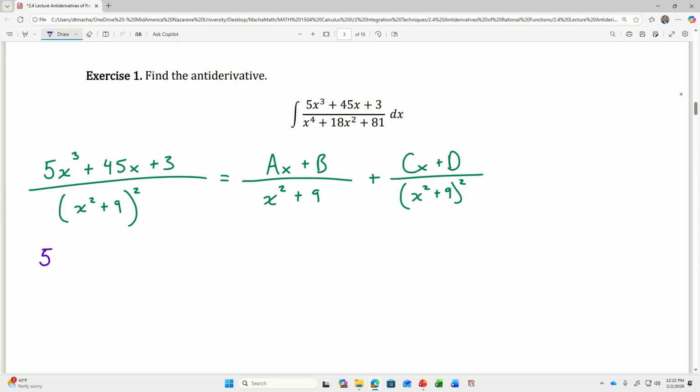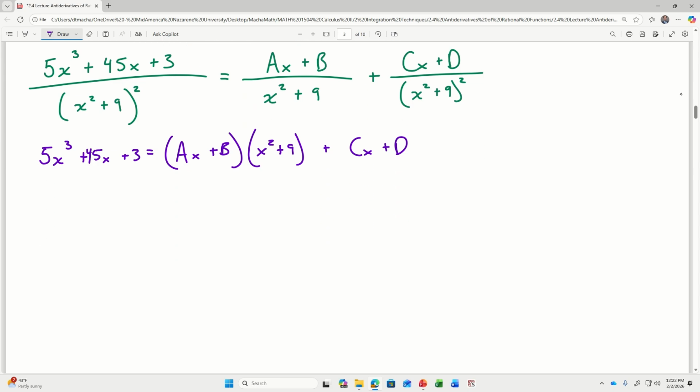So then we write 5x cubed plus 45x plus 3 is equal to ax plus b times x squared plus 9 plus cx plus d. And we want to break this up into the powers of x.